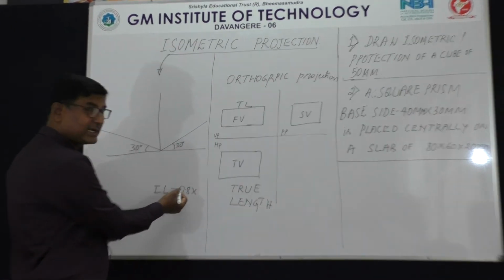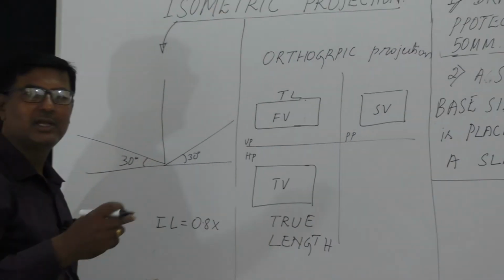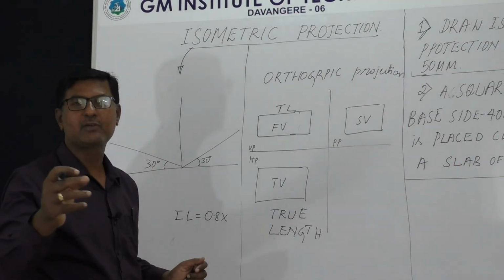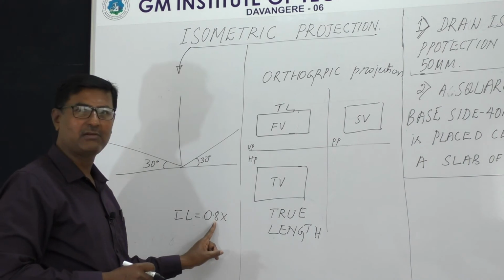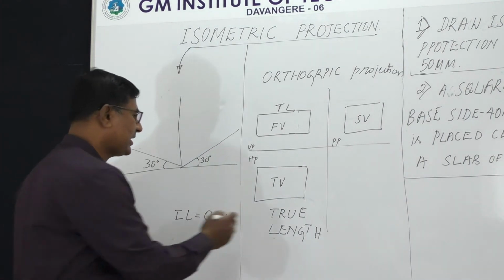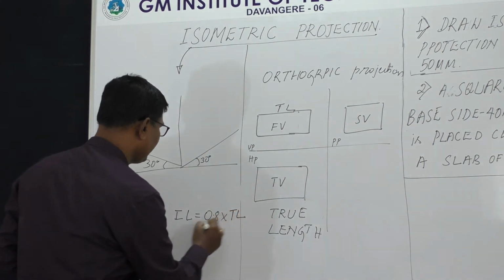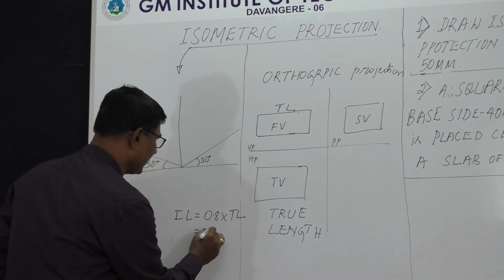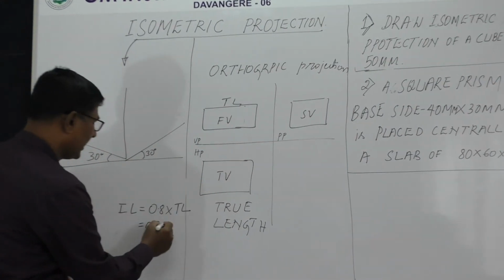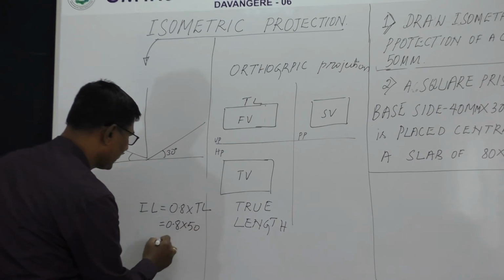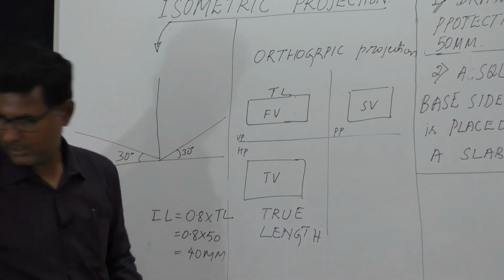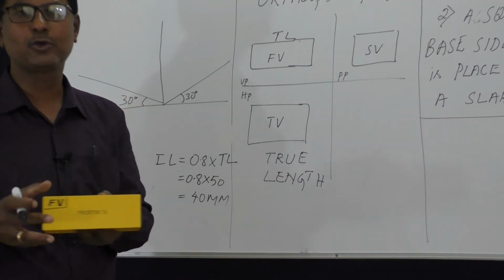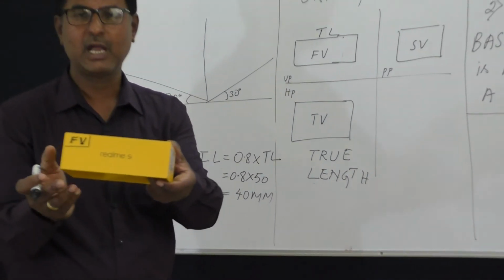In fact, it comes to 0.816 something, but I took a whole number, one digit, 0.8 times the true length. So if you take 0.8 into 50, everything in millimeter, it becomes 40 millimeter. Since it is a cube, every line is 50 millimeter.